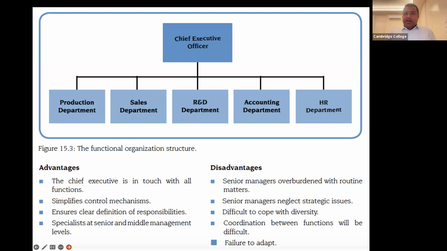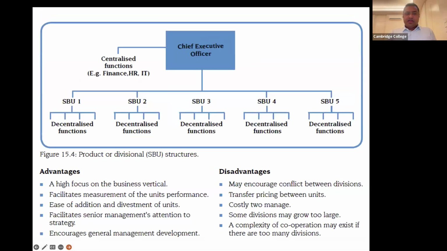So some companies still operate like that. But knowledge workers don't work like that, right? So today, you then move on to a functional organization structure where you have a HR head, a sales head, a manufacturing head, a IT head, and accounting head, the 5 main functions.